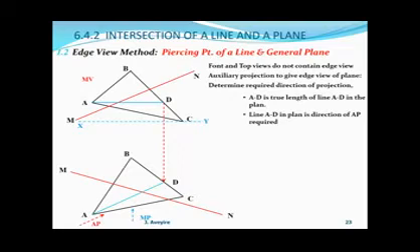Likewise, the reference line for the auxiliary projector, which is X1, Y1, must be determined, and it is also perpendicular to AP. So we insert that X1, Y1 perpendicular to AP at a convenient distance. Now we are ready to project.